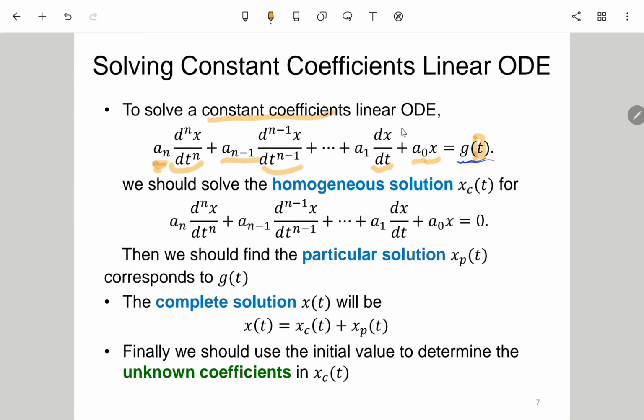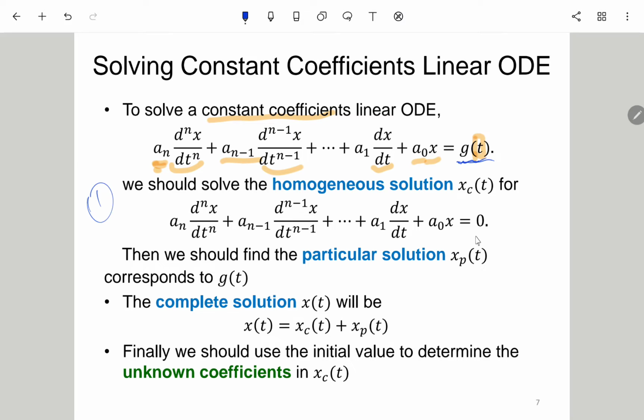The first step is to make the right hand side 0. We just keep the left side of the constant coefficient ODE, and let the right side be 0.